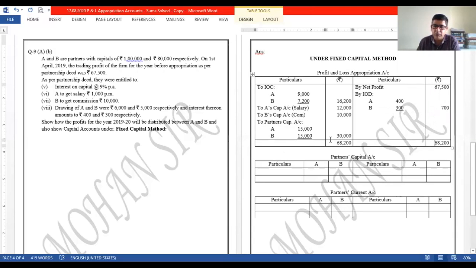See, there will be no change in the P&L appropriation account. The effects are very simple. Profits are the credit, losses are the debit. So that is shown as it is. But wherever I have mentioned capital account, instead of capital account, I need to mention what? Current account, right? Just interest on drawings is an adjustment. So instead of A, I need to mention A's current account.